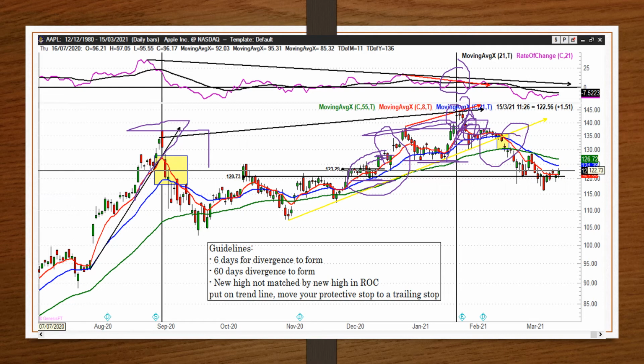And then within that, you've got a period of time where there was a new high in the rate of change, and then you get the new high in price. There needs to be at least 6 days. So in this case, we had a high in the rate of change back here, and more than 6 days have elapsed from there to the black line. So I need at least 6 days for that to form, and to act on the divergence.